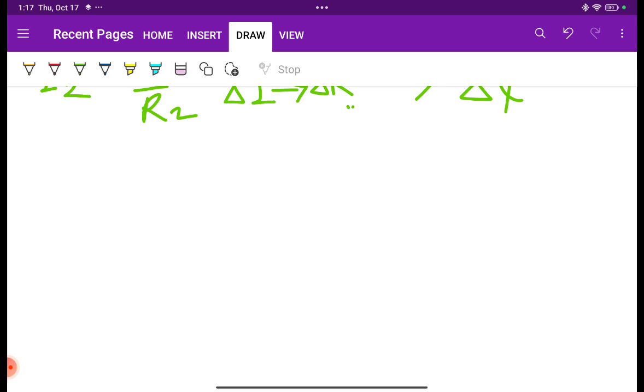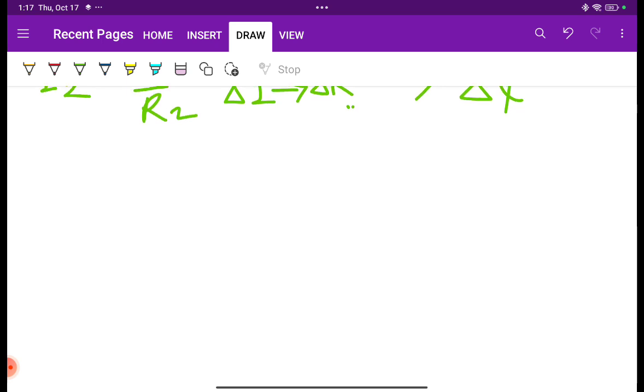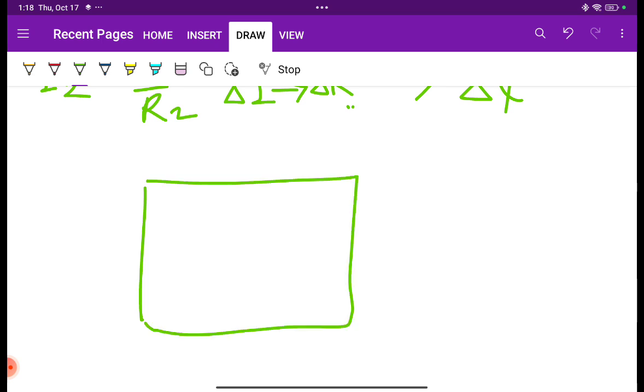So for example, consider this is the surface of the body. Take one axis as the x-axis.